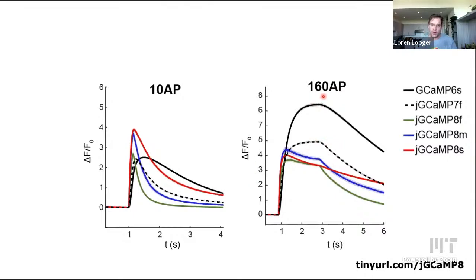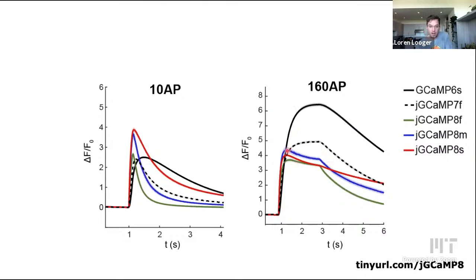So if you have, let's say, an invertebrate sensory neuron that has this huge range in spike frequencies, and you really need to sample a large dynamic range of that, you might want to stick with an older generation sensor like 6s that could maybe better tell you the difference between 1 hertz and 400 hertz spiking.